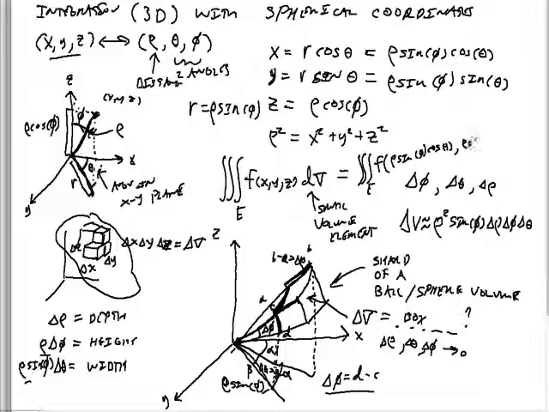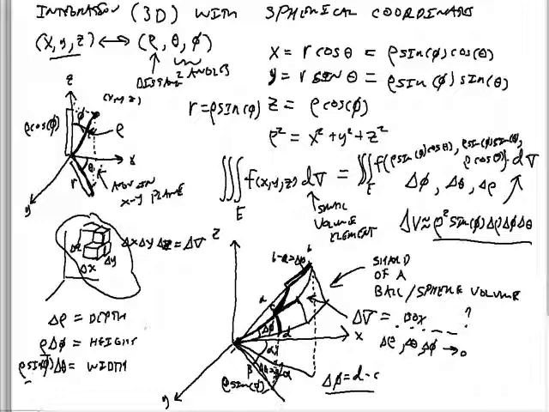And rho sine phi sine theta, and then we have rho cosine phi for z, and then we multiply it all by this tiny dV element, which is going to be that right there.